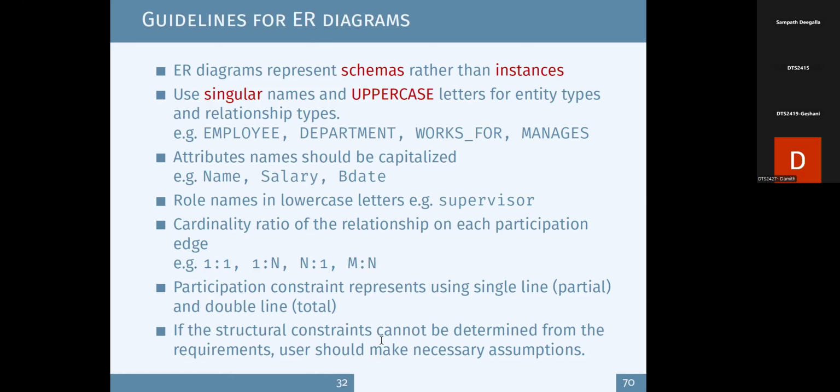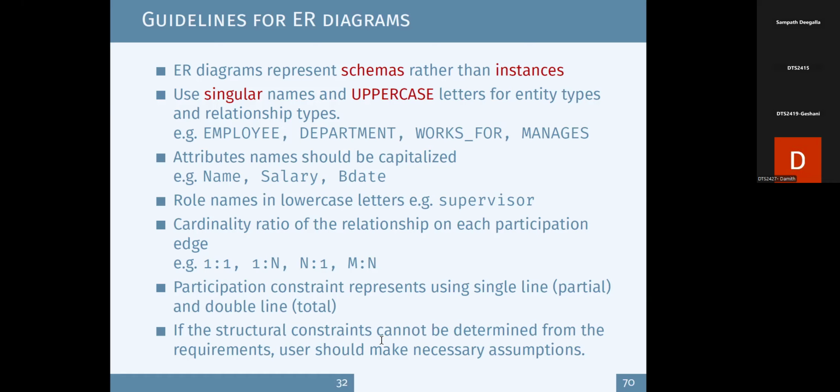So you can see EMPLOYEE is an entity, written in uppercase letters. WORKS_FOR, on the other hand, is a relationship type, again written in uppercase letters. But for attributes, they request to have them capitalized, like Name, like Salary. The starting letter should be capital.